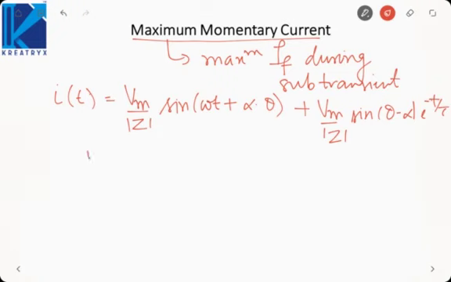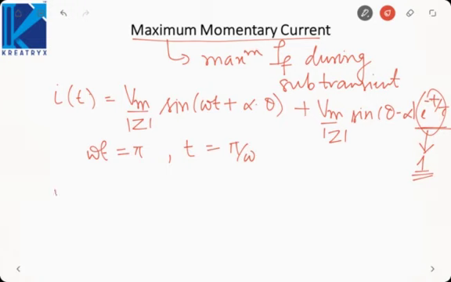Now the maxima will occur at omega t equal to pi. That is, t is equal to pi by omega. So what we will do is, we will neglect any decay of the transient current in that period because I want to do the worst case analysis. So I am assuming that the DC current or the transient current is at its maximum initial value. So we will take this term as 1.